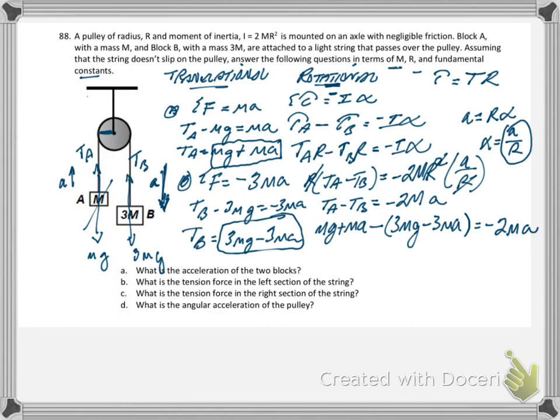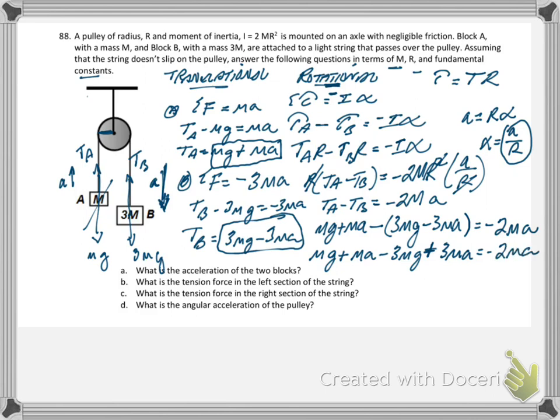Distributing the negative, we have mg plus ma minus 3mg plus 3ma equals negative 2ma.